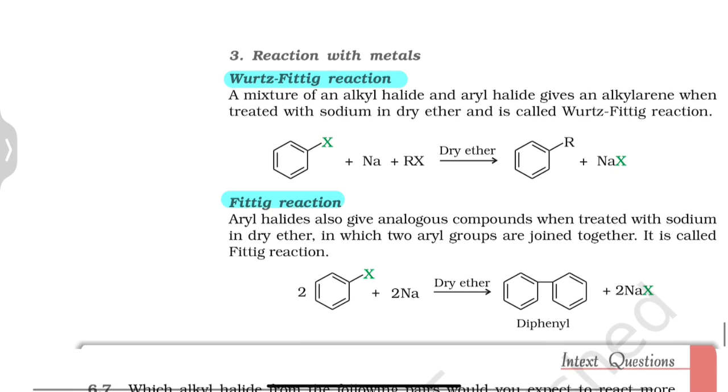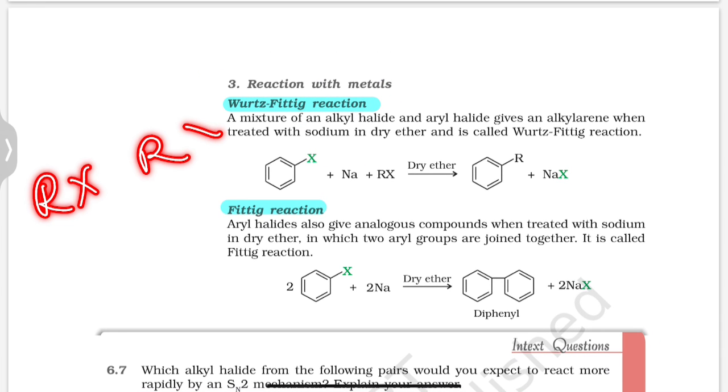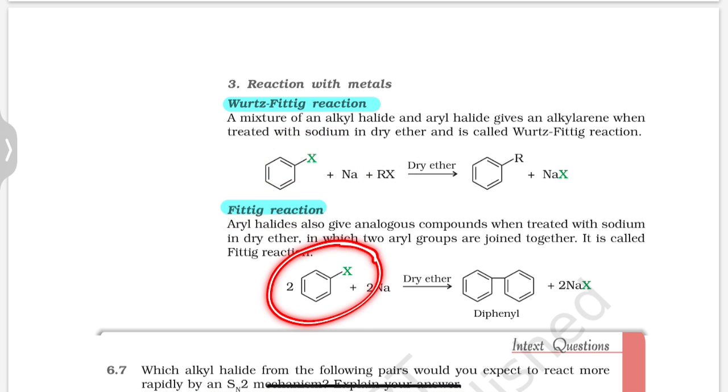So just now we have seen about Woods reaction. In Woods reaction, you will be taking aryl halide and alkyl halide. In Fittig reaction, you will be taking 2 aryl halides, when you are treating with sodium in dry ether.